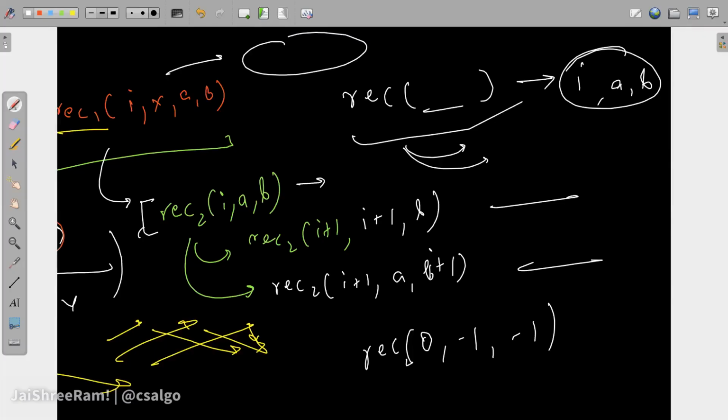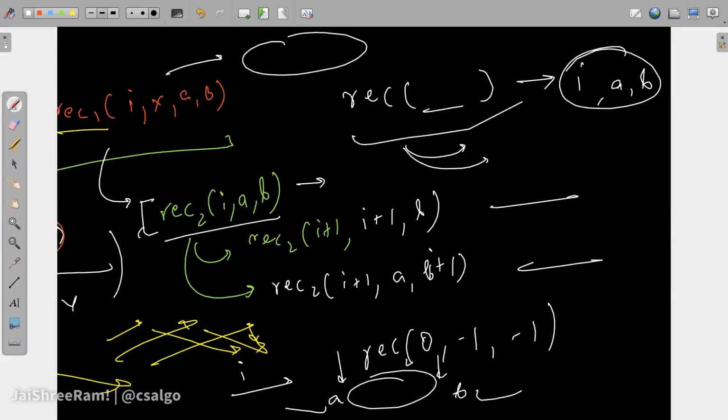Earlier the definition was completely different. Now we drop x and say we don't even care about x. This will give me the answer directly: I have processed I elements, my last element is A, over here it's B, and I need to place some elements over here, the rest over here. Either it will go to this or this. Based on that, the number of sequences will give me the total count.